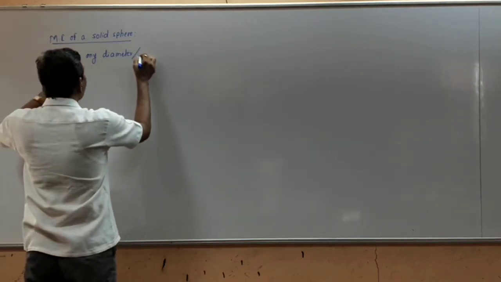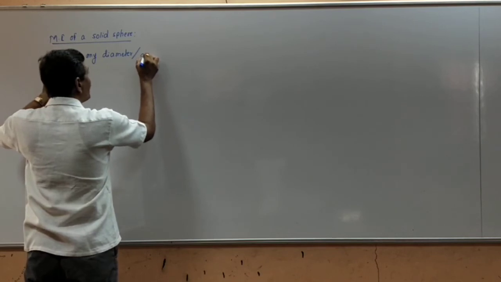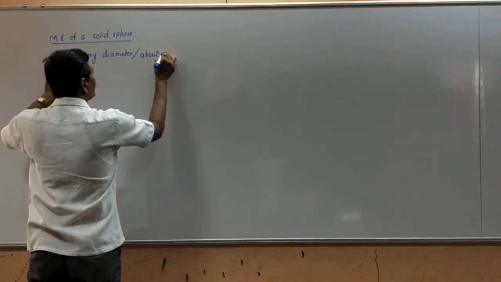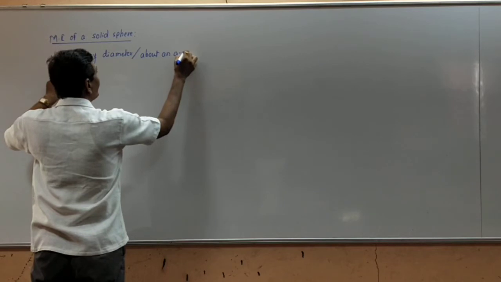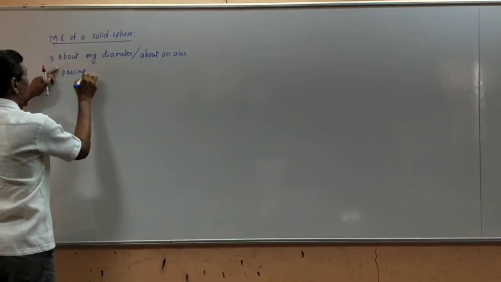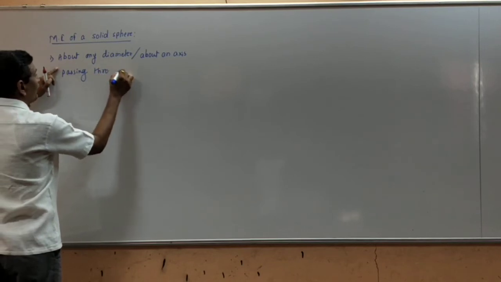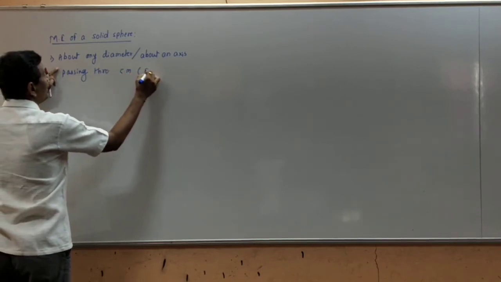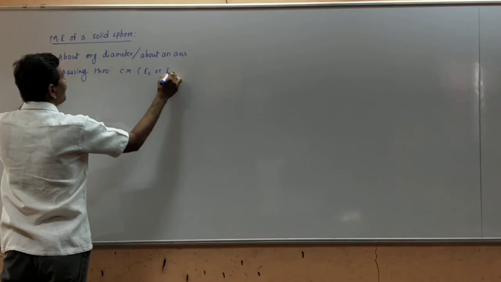So it may be about an axis passing through center of mass. It is denoted by letter IC or ID. Both are same.